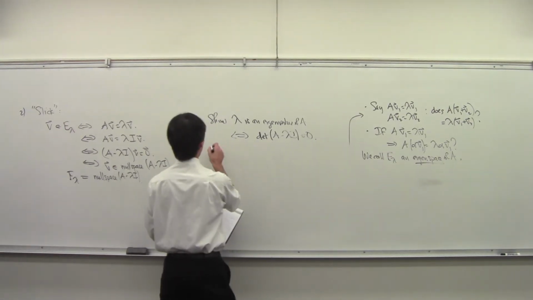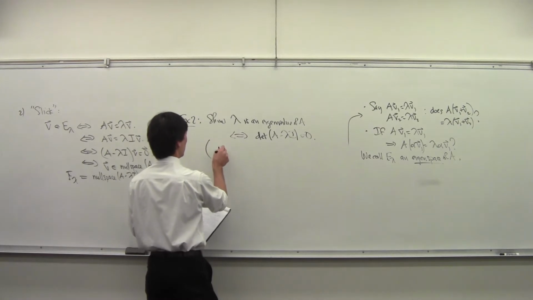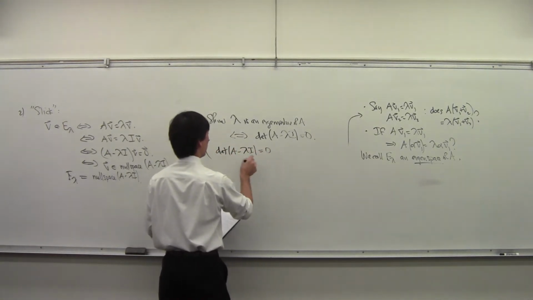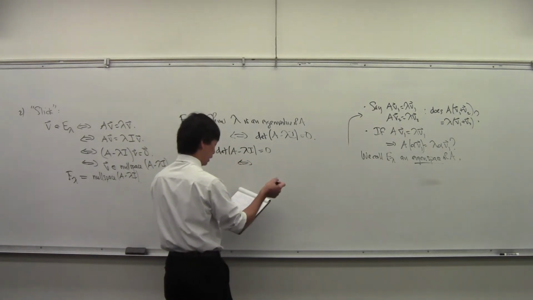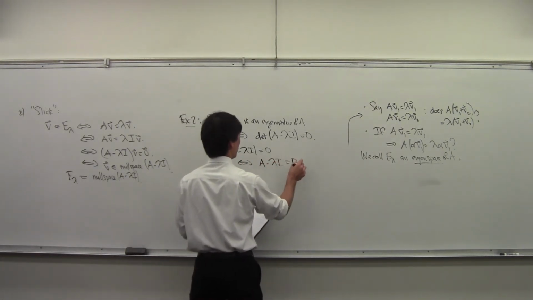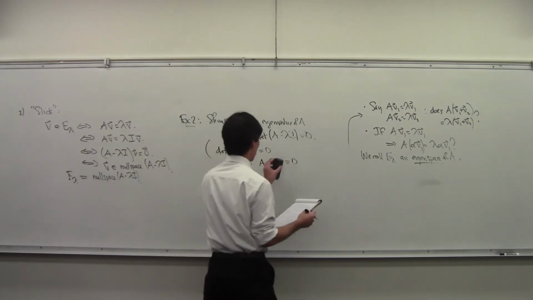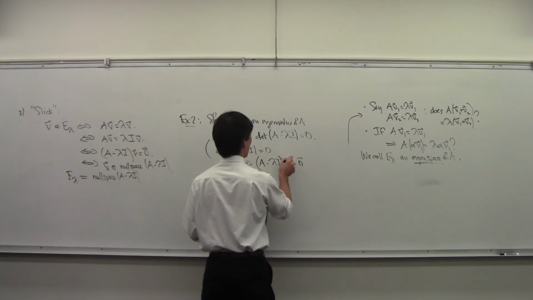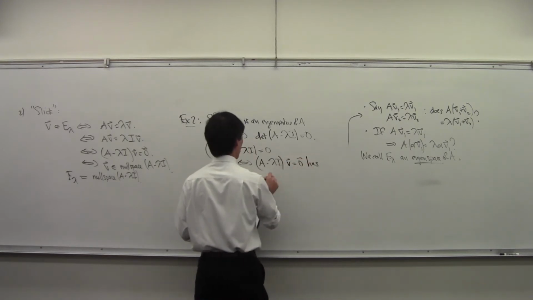So the point is that the determinant of A minus lambda I is 0 if and only if (A minus lambda I)v equals 0 has a non-trivial solution.